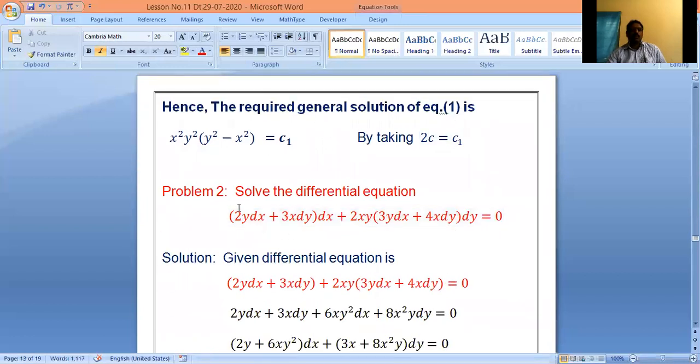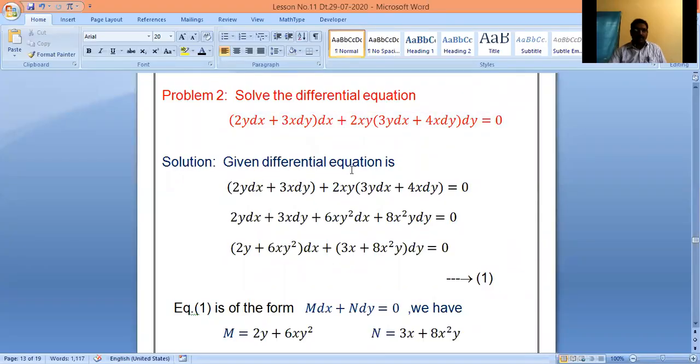Now problem 2. Solve the differential equation (2y dx plus 3x dy) plus 2xy into (3y dx plus 4x dy) is equal to 0.